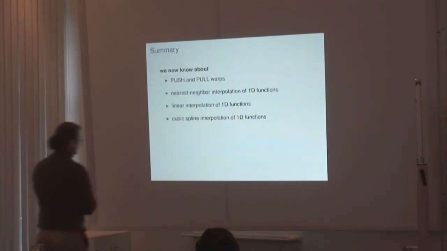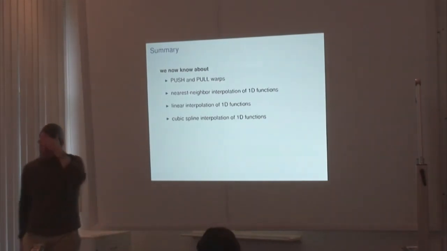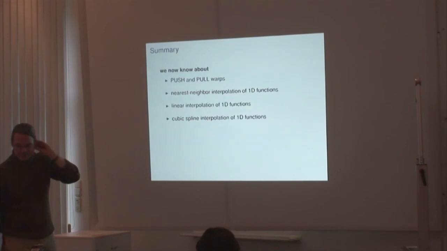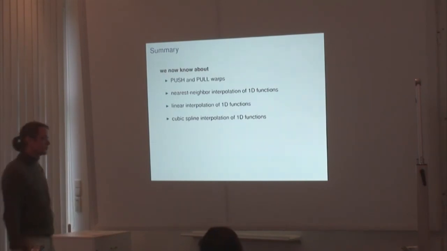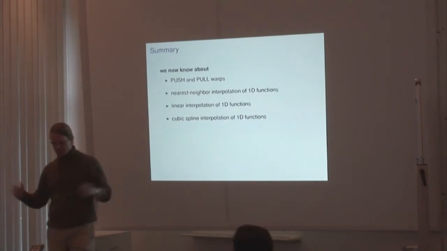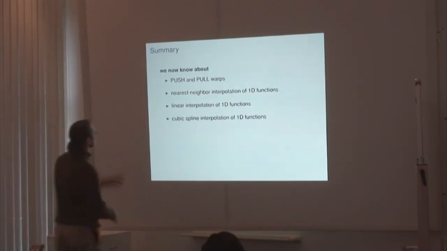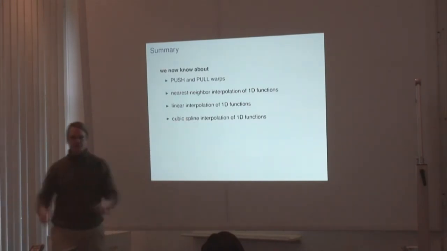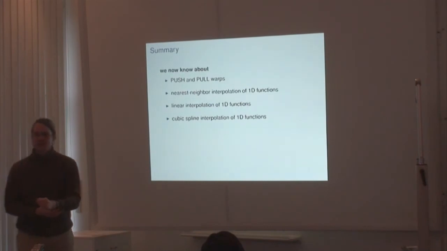What have we learned today? At the beginning, we discussed what we are going to discuss for the next couple of lectures. Warping of images. We saw that if we want to compute a warped image, there is the naive way of doing that, by pushing the coordinate values from the image we are given to the coordinates in the image we want to compute, which leads to certain problems.